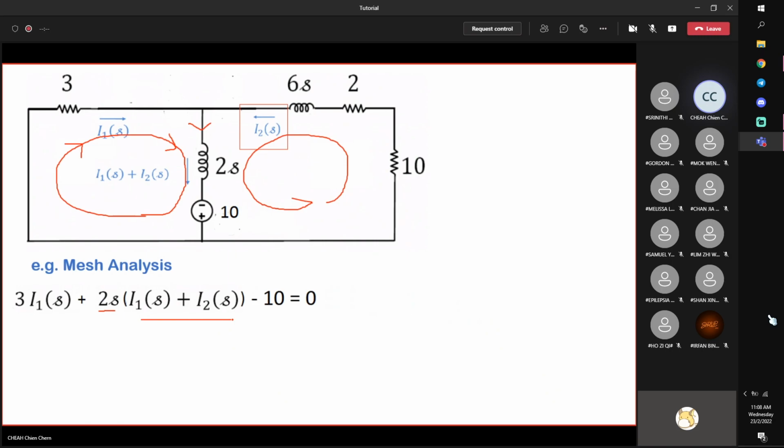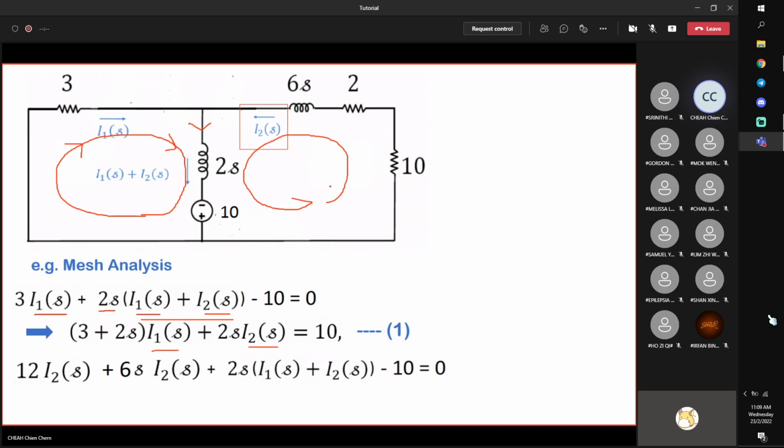So times I1 plus I2, and then here minus 10, equals 0. Then this equation can be further grouped by collecting I1 together and then separating I2. Then you get one equation. But you have two unknowns, I1 and I2, so you need one more equation from the other side.